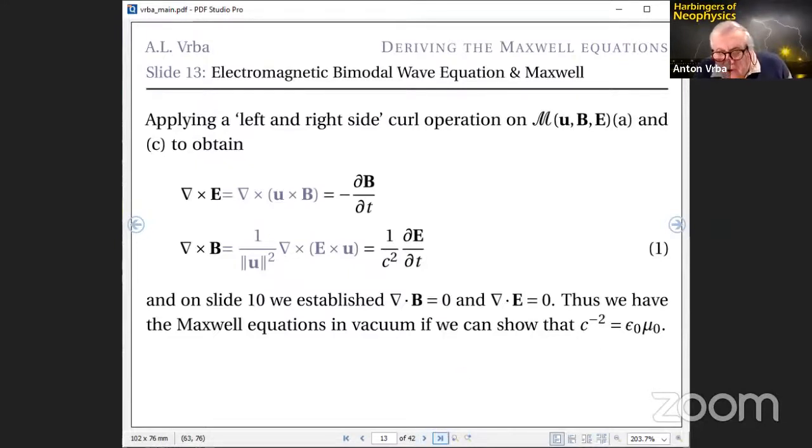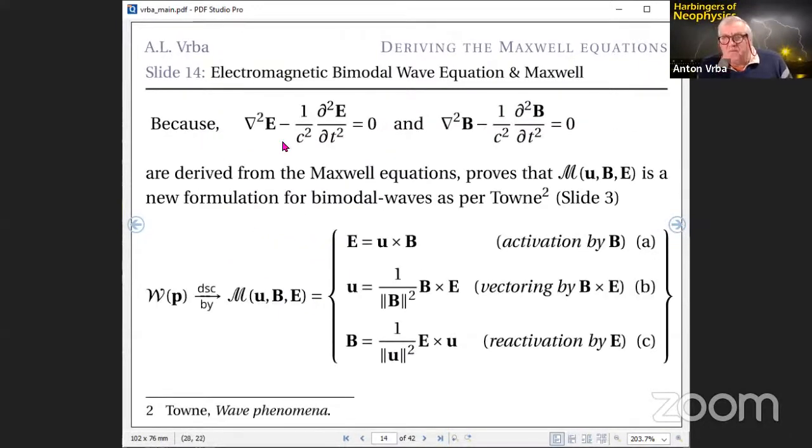And because the d'Alembert wave equations are derived from the Maxwell equations, I can say that the solution of this set is a wave equation, because basically the functions of t describe the wave according to time.